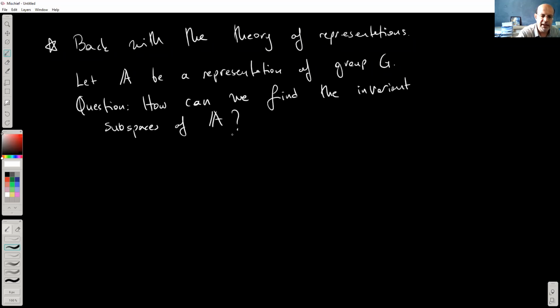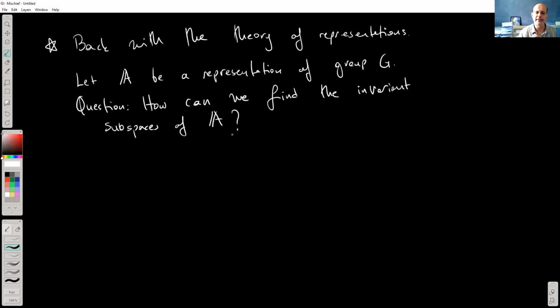Okay, if you remember, the question was like, we can find the decomposition of the representation, because once I know the characters, by using the orthogonality of the characters, I can find out how many times a given irreducible representation appears in A, right?